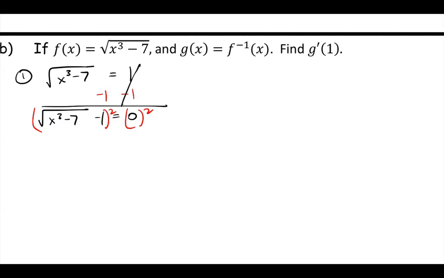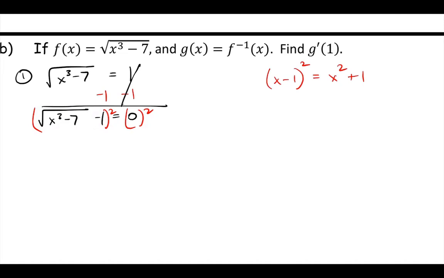A lot of people say, oh, square this guy and then square this guy and you got your answer. It doesn't work that way. It's kind of like this. Does this equal x squared plus 1? It doesn't, right? It's a binomial.